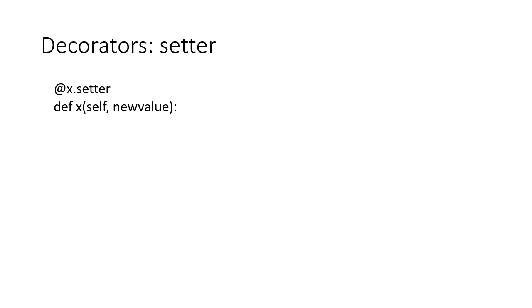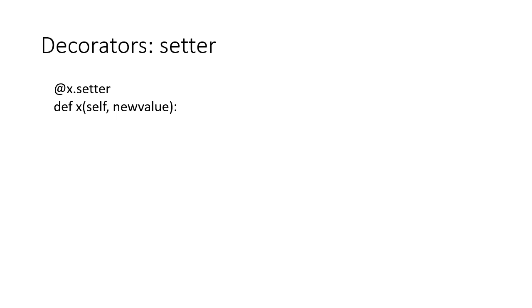We just created a function a moment ago that had one parameter of self, and now we've created another function that's called x that has a different set of parameters. It's self and new value. Now the thing is that it's not really the same function. It looks like the same name, but the property and the setter, there's some things going on behind the scenes that we can talk about a little bit later.